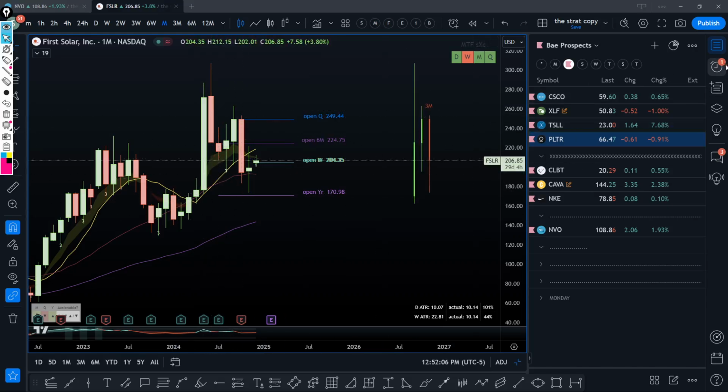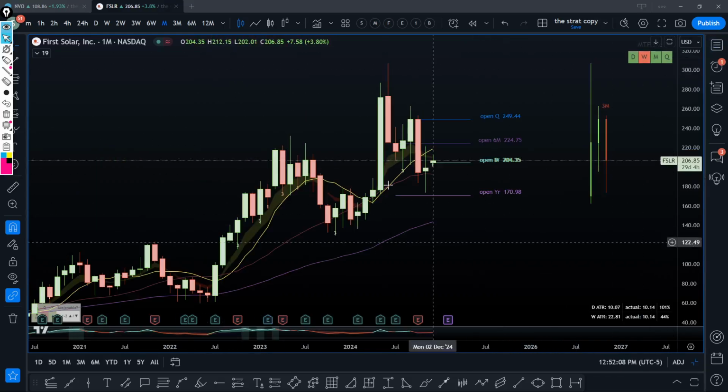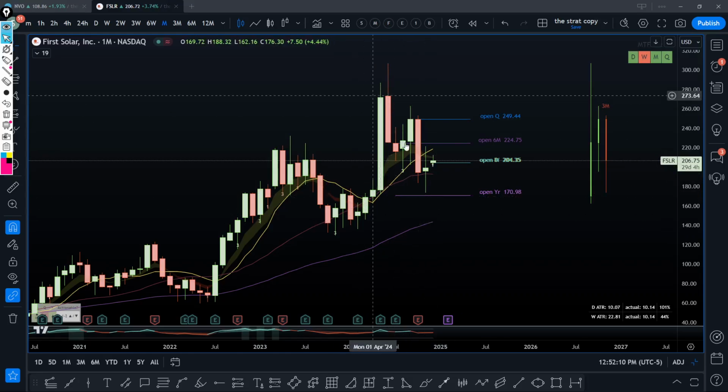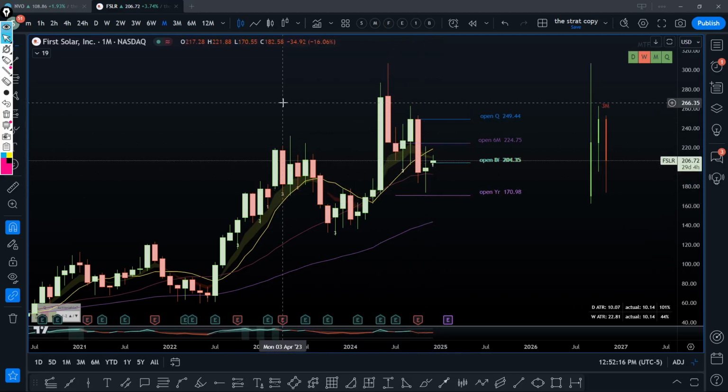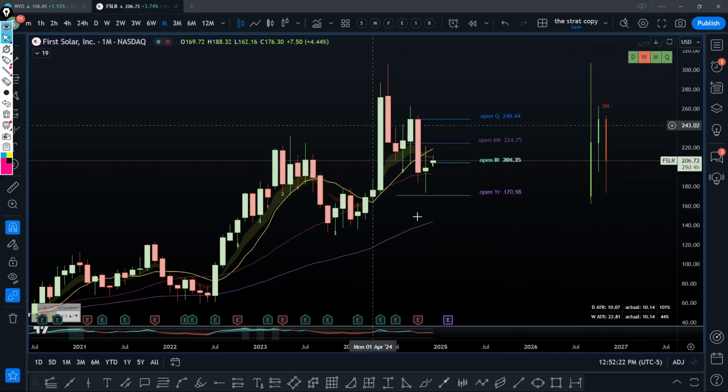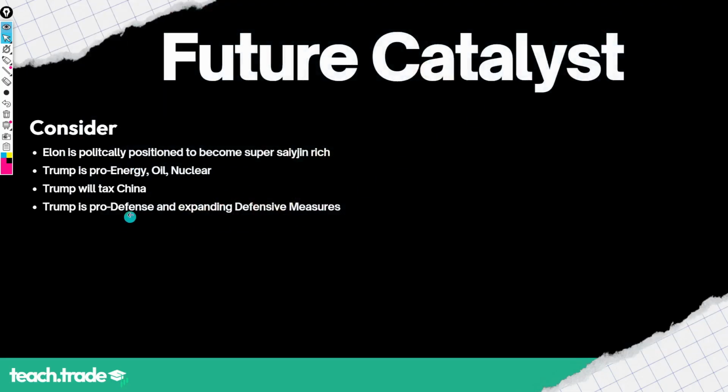First Solar is the strongest. It's trying its best to hold the team up, as you can see there, but those other ones are just doing really bad, Enphase and Sunrun. So you want to be mindful of those things that Trump doesn't like.